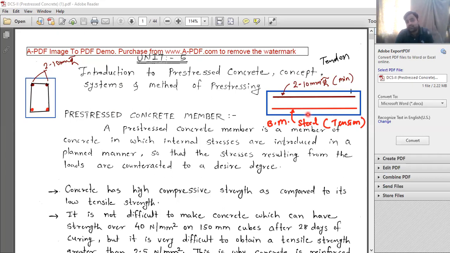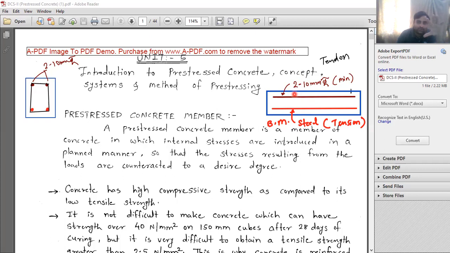So on this bar we will apply some forces so that internal stresses will develop in the bar, and we apply the force in such a planned manner that the internal stresses developed in this bar are in the opposite direction to the stresses developed due to loading.